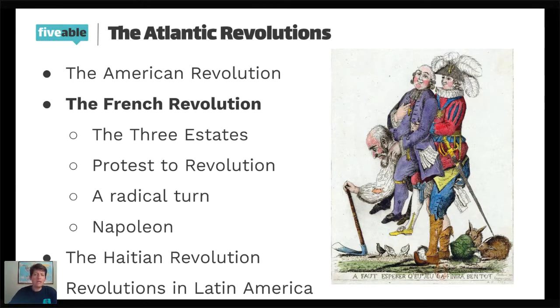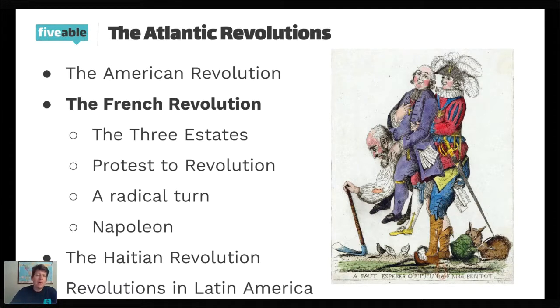And what comes out of this is ultimately a short-lived constitutional monarchy. The French king is kind of forced to move into Paris from his palace at Versailles, so they can keep an eye on him.